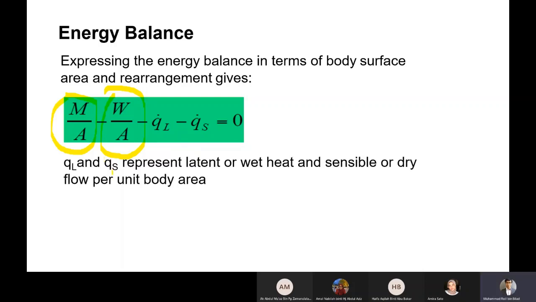Okay, QL and QS here, QL represents the latent or wet heat loss, and QS is sensible or dry heat loss. Okay, that's per unit area. So basically that is a big Q over A. Big Q over A equal to small q. So this is per area of the body.